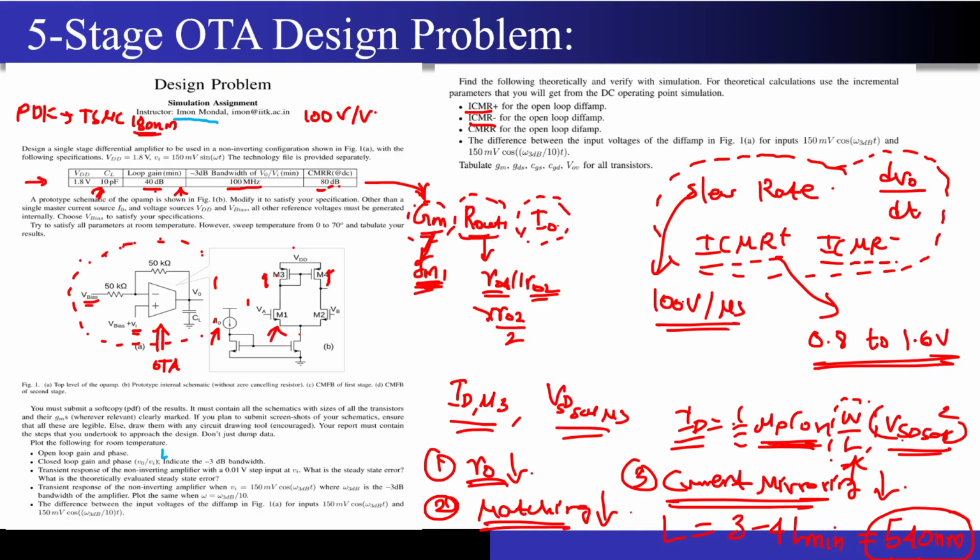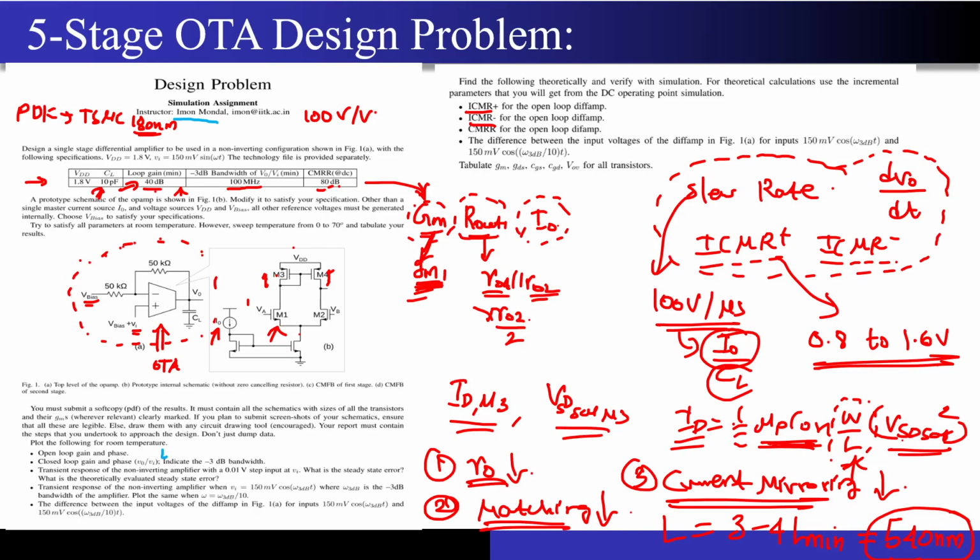So from slew rate, what is the slew rate? Sir has already told you it is nothing but I0 by C. There is no internal compensation capacitor, so it's I0 by CL only. Correct? They have given me the value of CL. So from the slew rate specification, I can get the value of I0. Correct? I know the I0 now. So from the capital GM and R out that I will be getting from the loop gain specification that they have mentioned over here, I know the value of GM1.